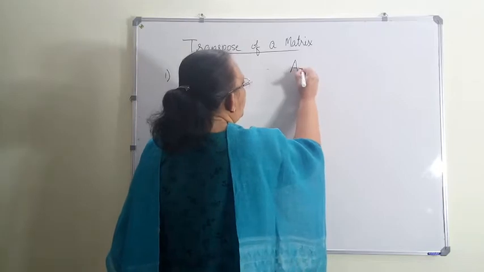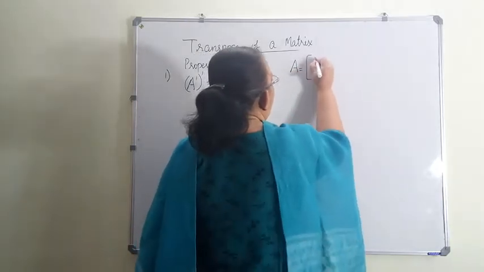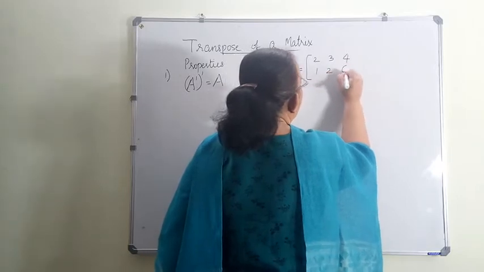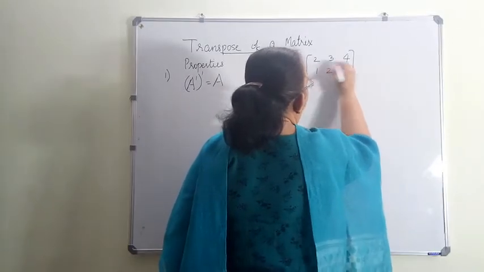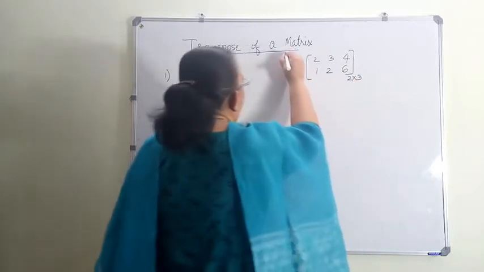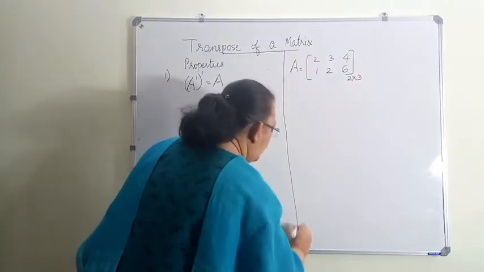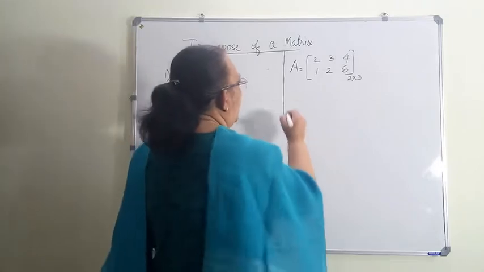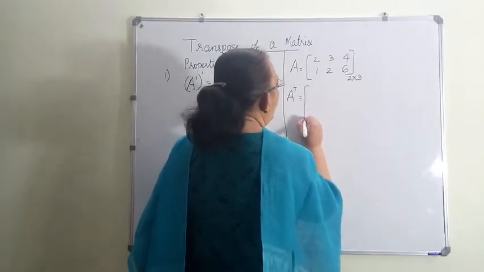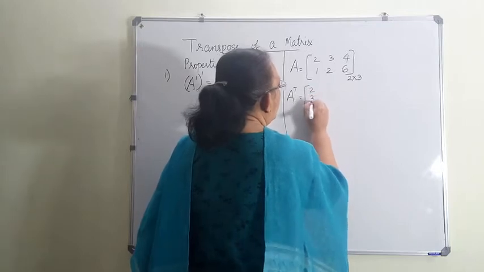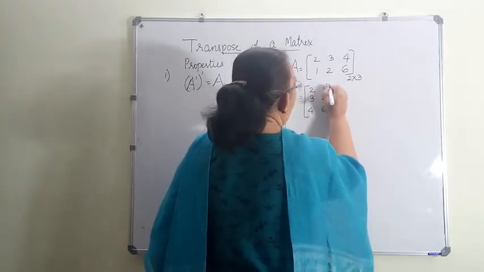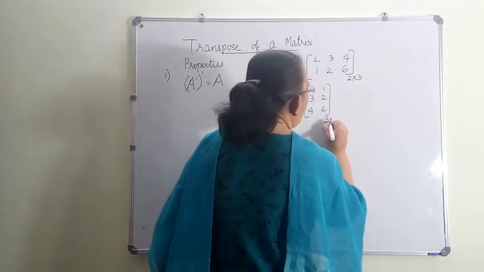A is equal to [2, 3, 4; 1, 2, 6] of order 2 rows, 3 columns. Here I am doing the examples. A transpose is equal to, rows become the columns, [2, 1; 3, 2; 4, 6] of order 3 by 2.